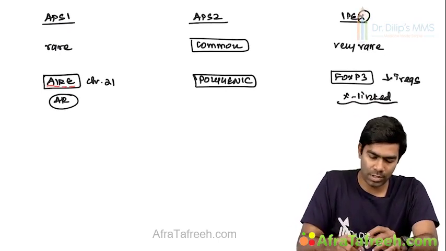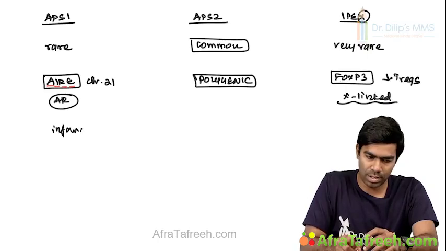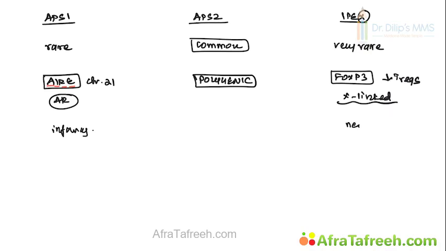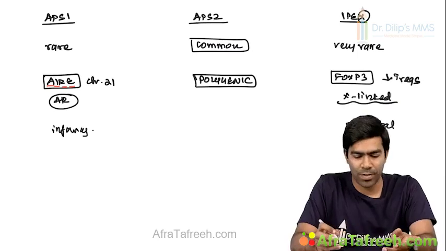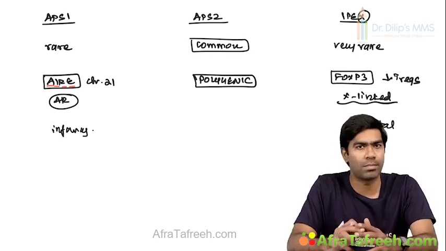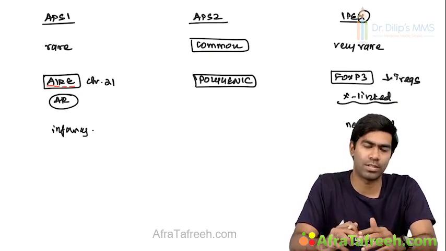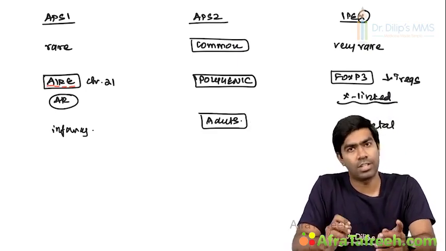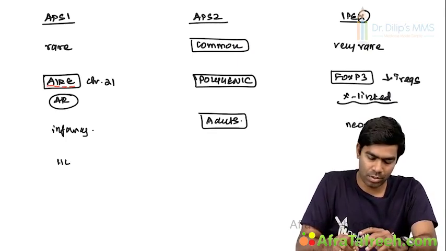Now, when will the disease present? Most of the APS type 1 cases are going to present in infancy. IPEX is going to present in the neonatal period itself. Even though APS type 2 presentation is variable, it generally tends to present in adulthood. Is there any HLA association?